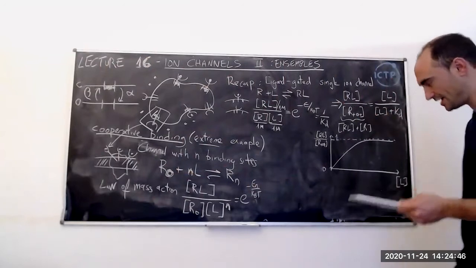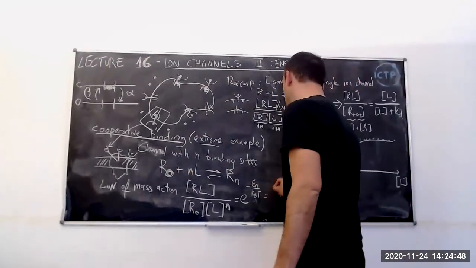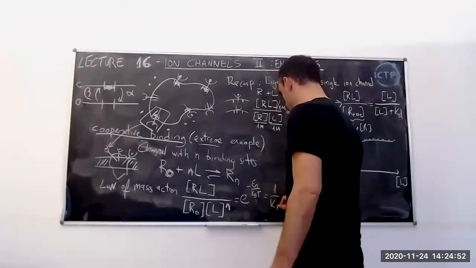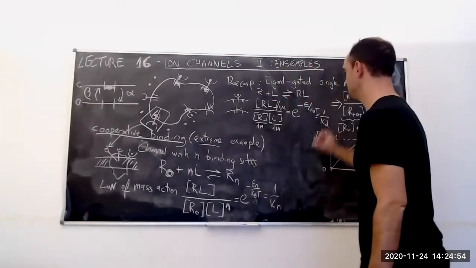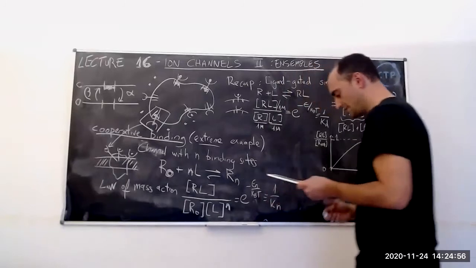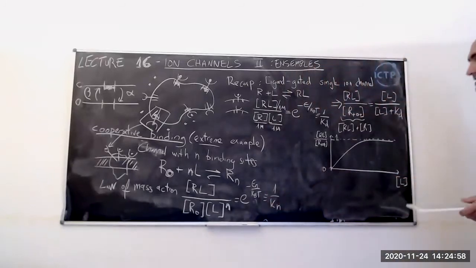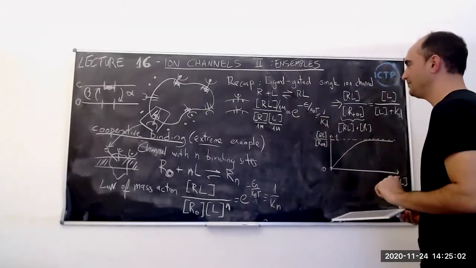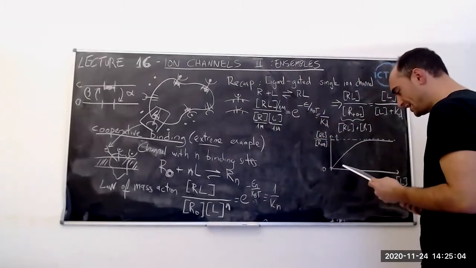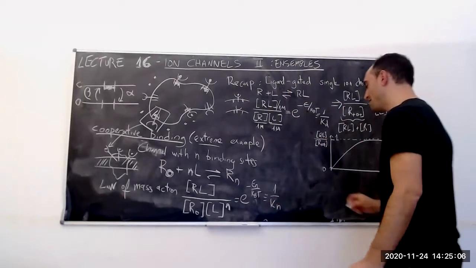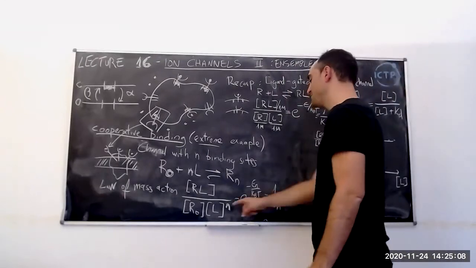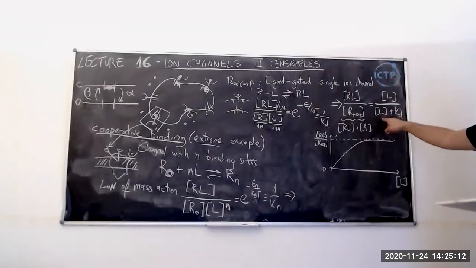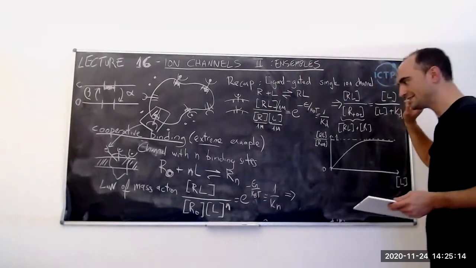And I call this 1 divided by Kn. It's just a definition. So given this, one can repeat all the math that I did for this example. And if you repeat the math, the difference will be that wherever I have an L, there will be an L to the power n. It's the only thing that changes.